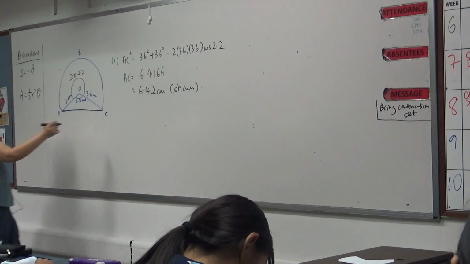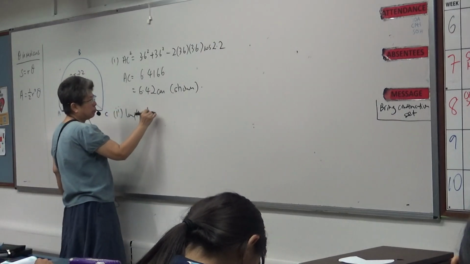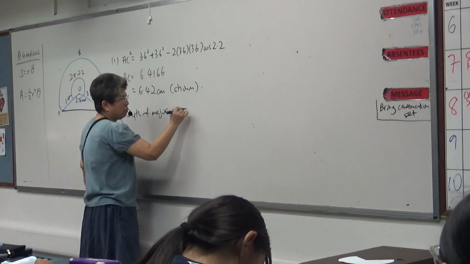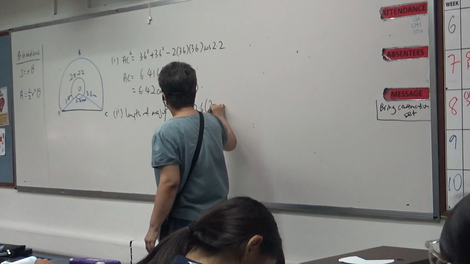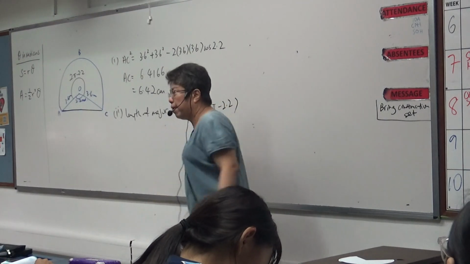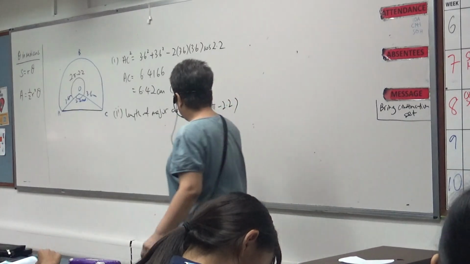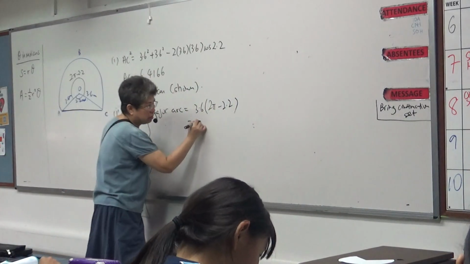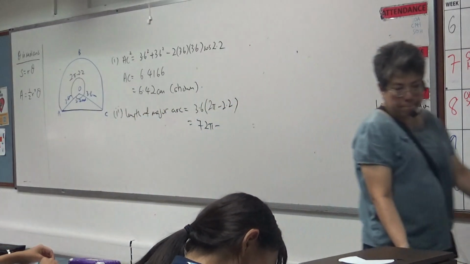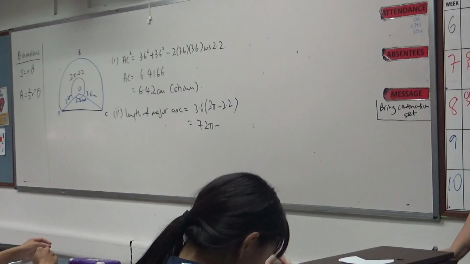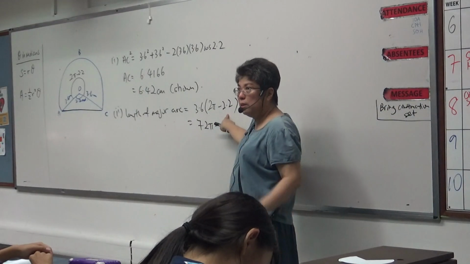So, length of major arc is R theta, 2 pi minus 2.2, correct? S equals R theta. Okay, they say leave it in terms of pi. So this is what? 7.2 pi minus what? Minus what? 3.6 plus this?